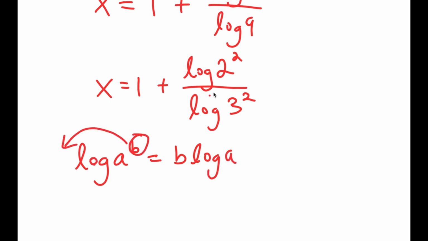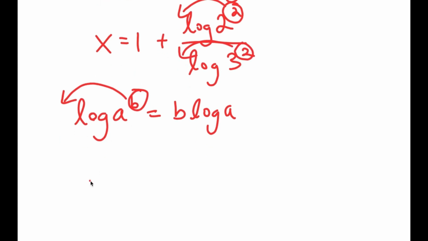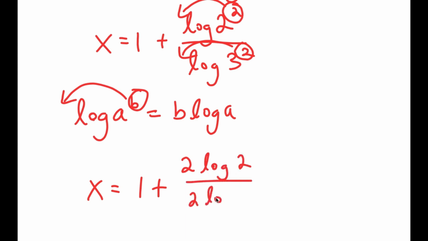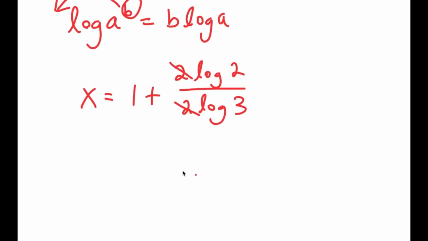So I'm going to be reusing this property on these two terms. So log 2 squared, I'm going to move the 2 to the front. And same with log 3 squared, I'm going to move the 2 to the front. So I get x is equal to 1 plus 2 times log 2 over 2 times log 3. And now I can cancel out these 2's. So I get x is equal to 1 plus log 2 over log 3.